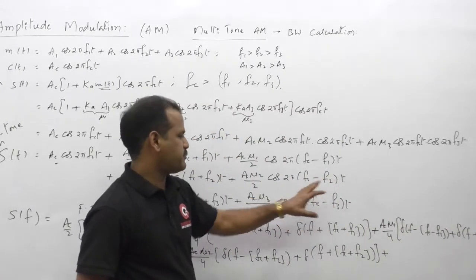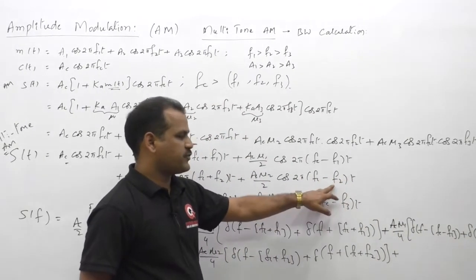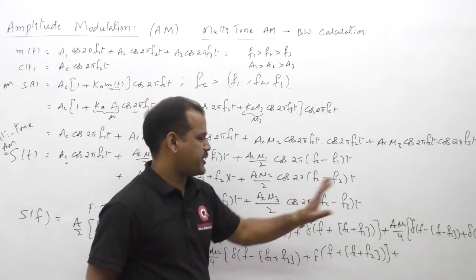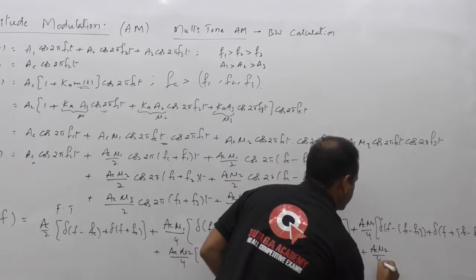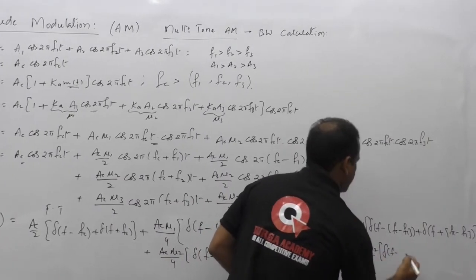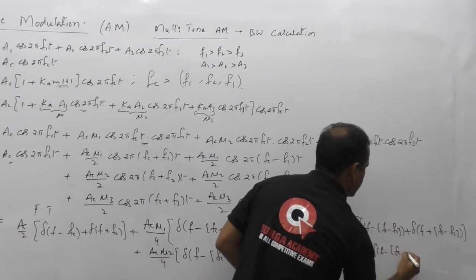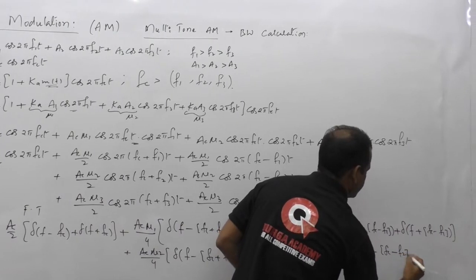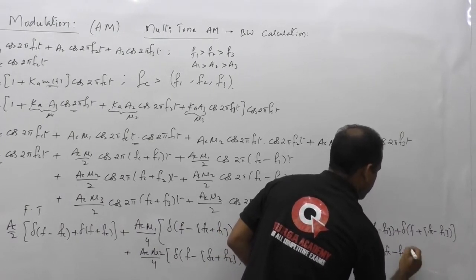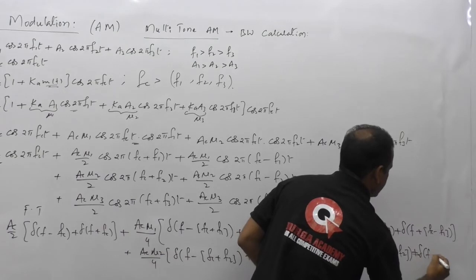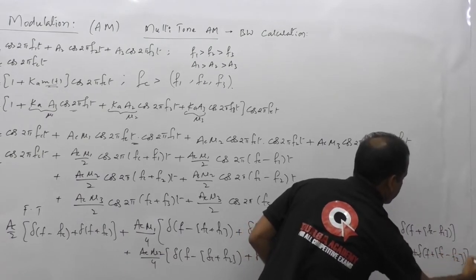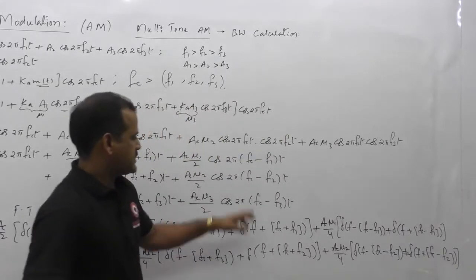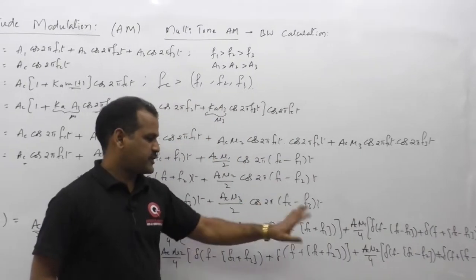Same expression we will get, and with f1 replaced by f2, we get the second LSB Fourier transform: AC mu 2 by 4 and then del of f minus fc minus f2 plus del of f plus fc minus f2. This is the second LSB related Fourier transform expression.